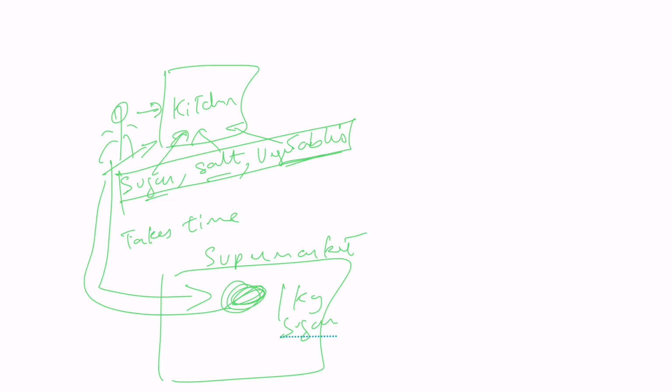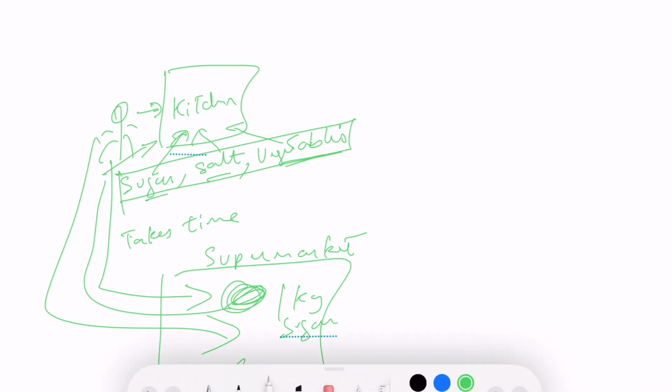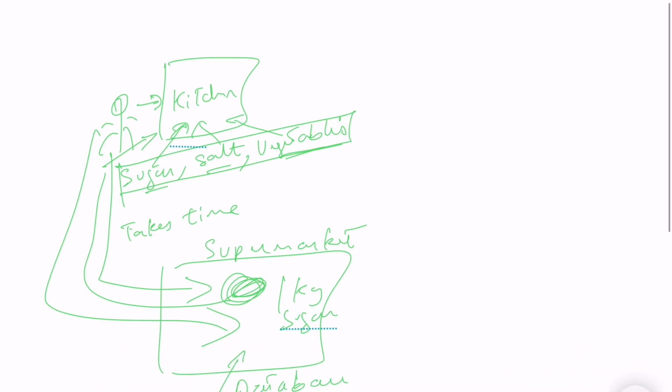So what ideally you are doing, you can imagine that this is your database, okay, and instead of accessing everything every time from your database, you are bringing it and you are actually putting this into your kitchen.